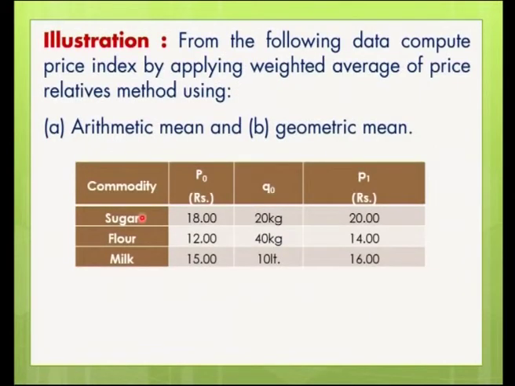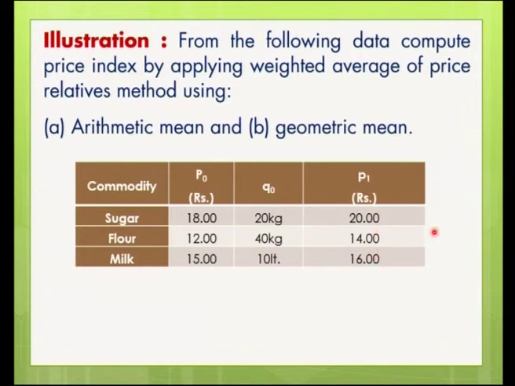The commodities given are sugar, flour and milk. The base year prices are given to be 18, 12 and 15, and the base year quantities are given to be 20 kilograms, 40 kilograms and 10 liters. For the current year, only prices are given: 20, 14 and 16.